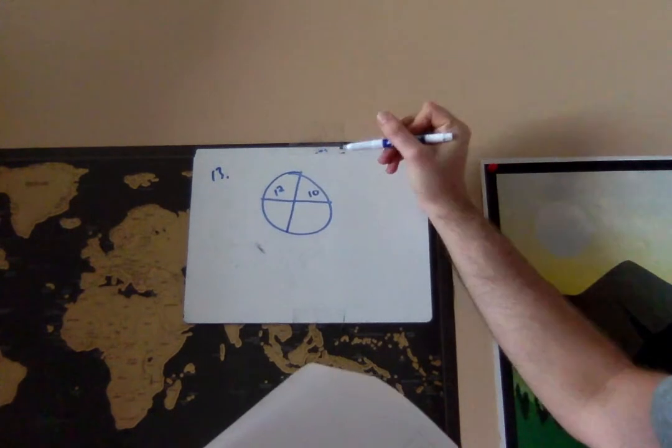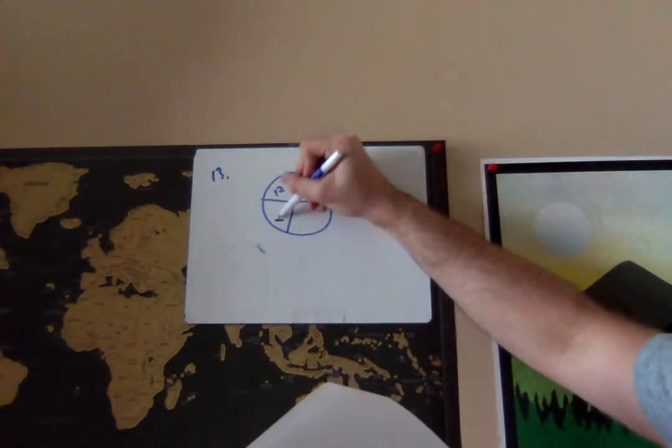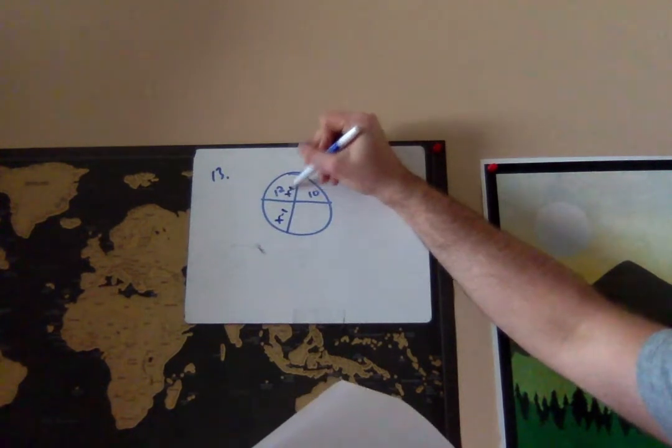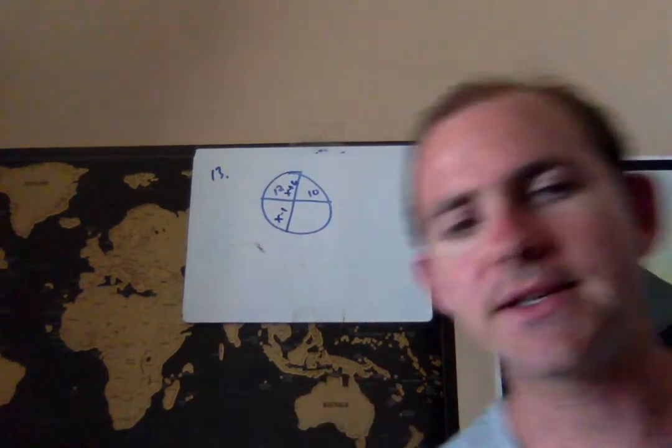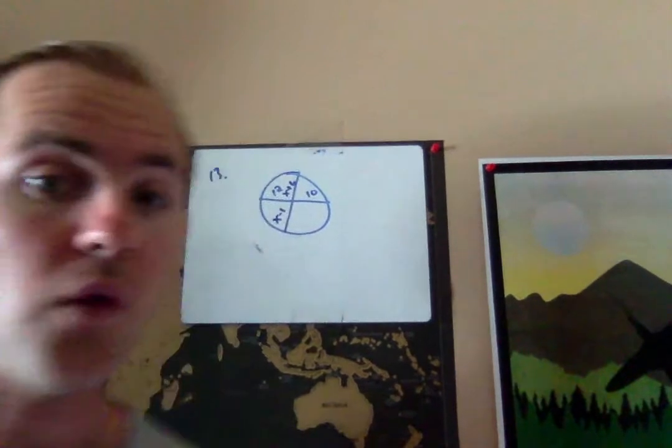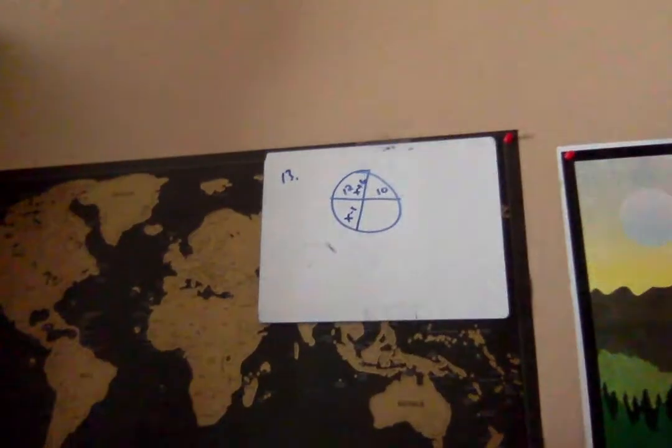What makes it a little bit tricky, though, is notice that for this one chord, I have x's as both pieces. What that's going to do when I multiply them, with the product of the pieces, is create a quadratic. So watch as that happens.